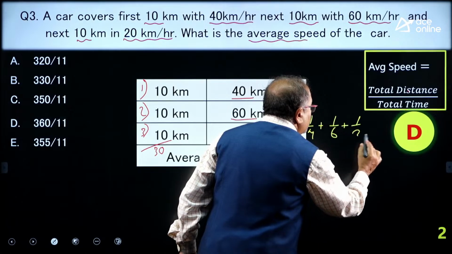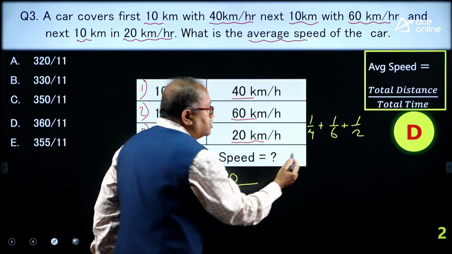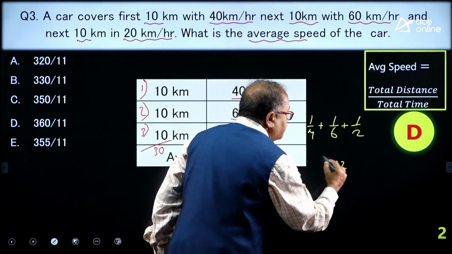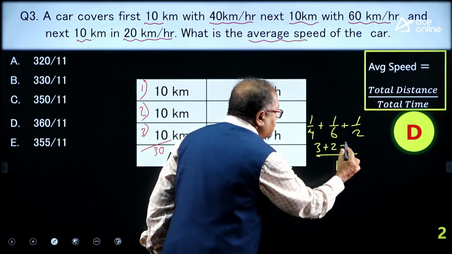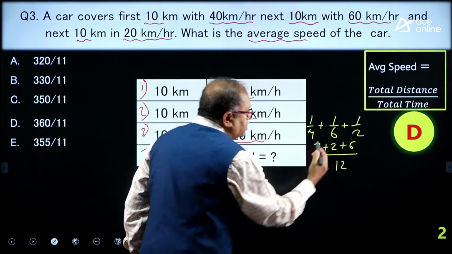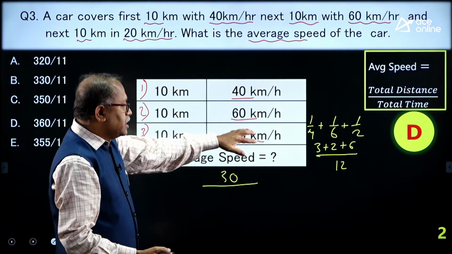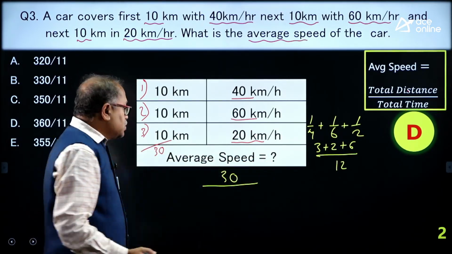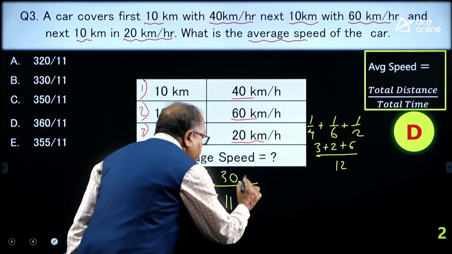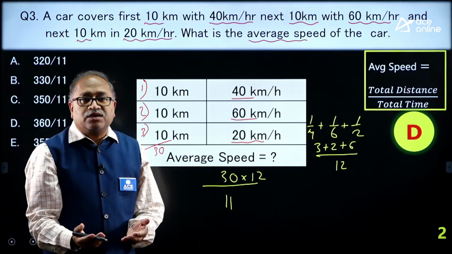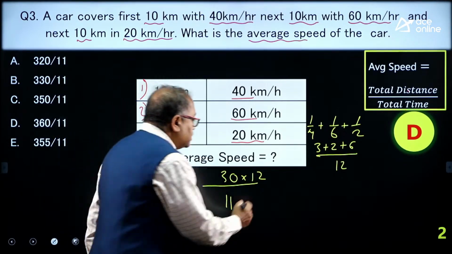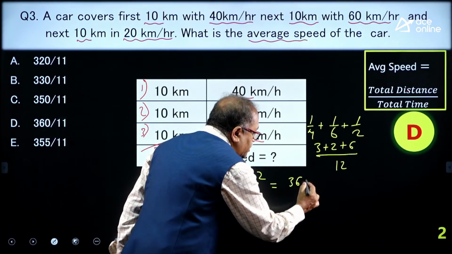So, when I am taking the LCM over here, I notice that 12 is the LCM, and this is 3 times, and this is 2 times, and this is 6 times, and the total I get is 11 by 12. So, this is 11 by 12 time, and that is how 360 by 11.